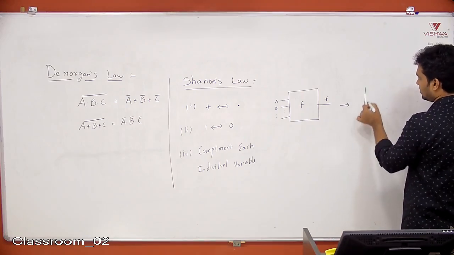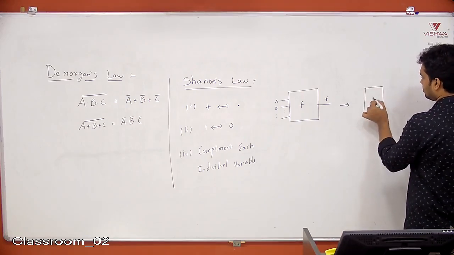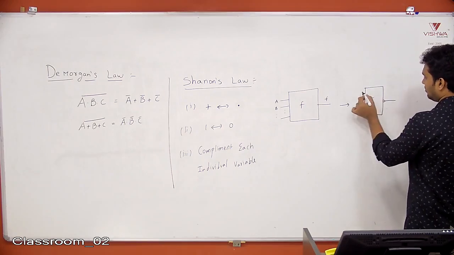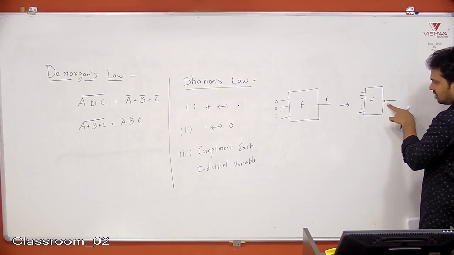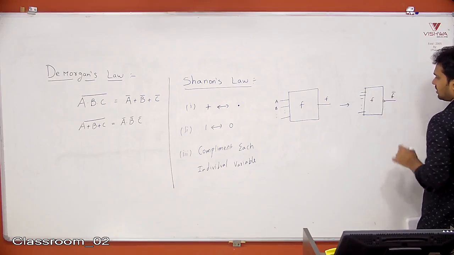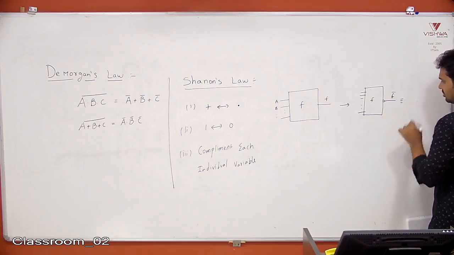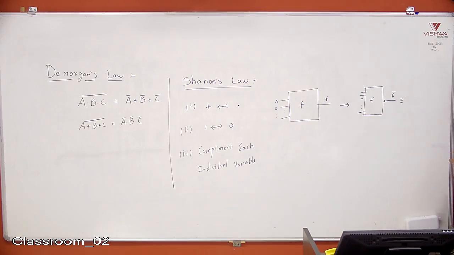The complement of this function is taking an inverter at the output. This is called f bar. F bar can also be obtained another way. What is that other way? Take all the inputs complemented, and in place of f, find f dual. This will also give you f bar.